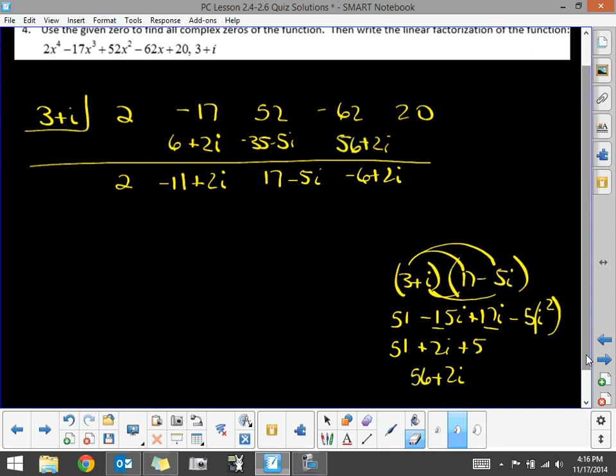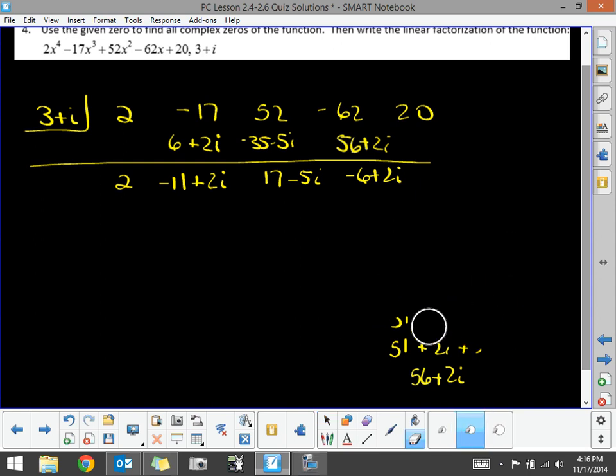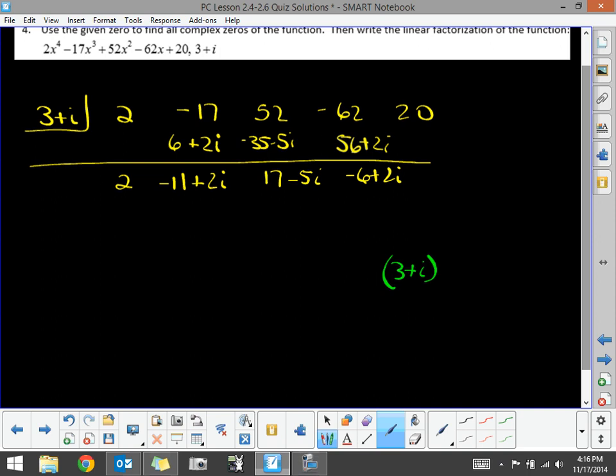And now I have to take that number times 3 plus i. So now I have 3 plus i times negative 6 plus 2i. So that's a negative 18. Then we have minus 6i on the inside.